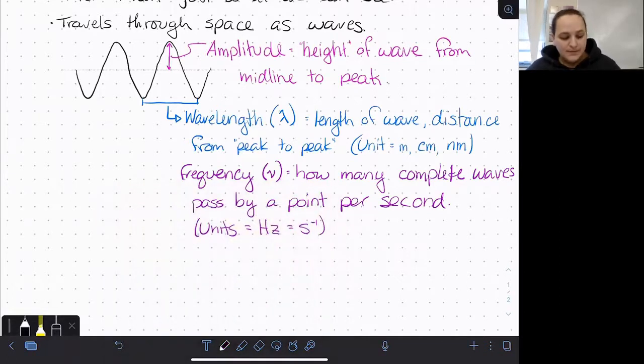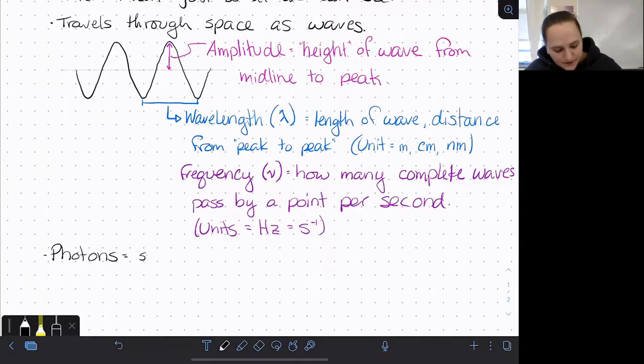So we'll be talking a lot about light in terms of what are known as photons. Light travels through space as waves. Photons can be thought of as light particles. So light does have some particle-like properties as well.